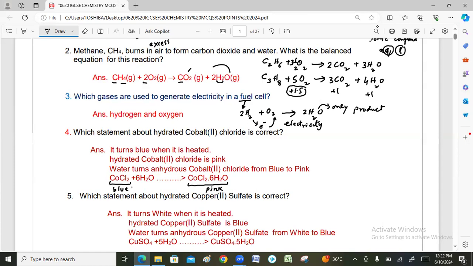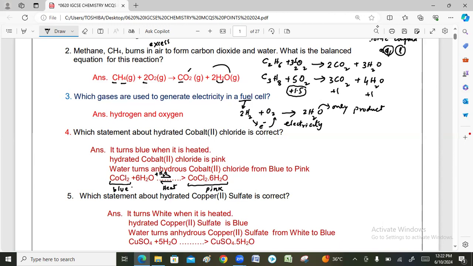Water turns anhydrous cobalt(II) chloride from blue to pink. And when you have the hydrated cobalt(II) chloride, it turns from pink to blue upon heating. So from left to right, we can add water, and from right to left we can heat it.